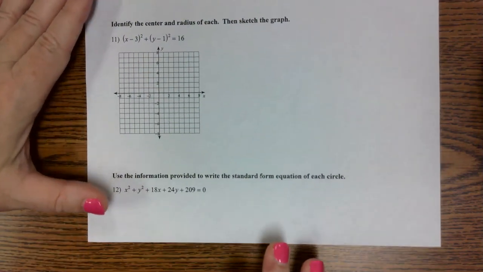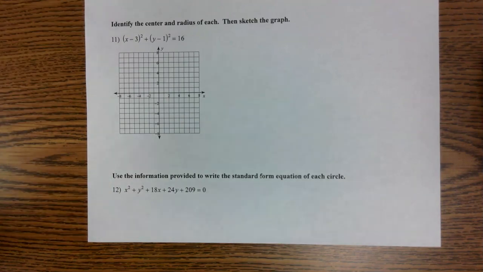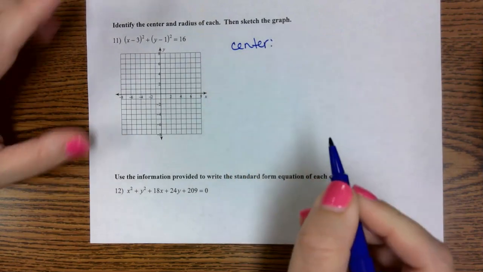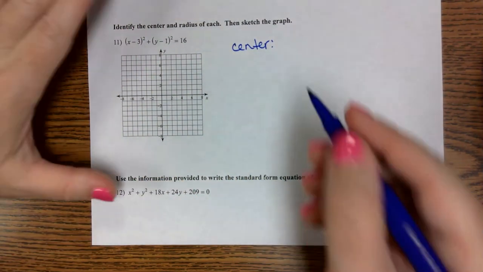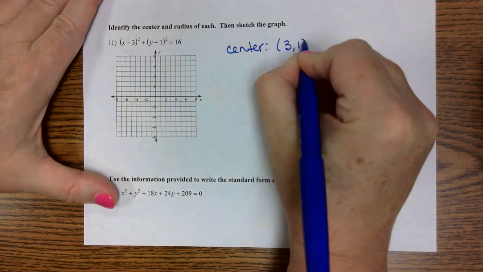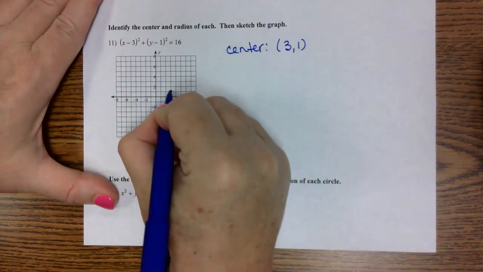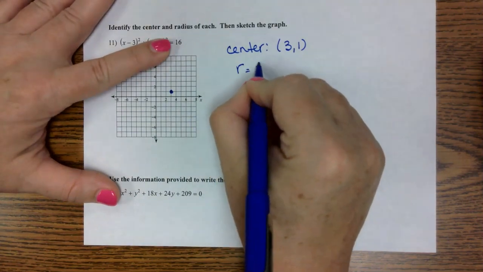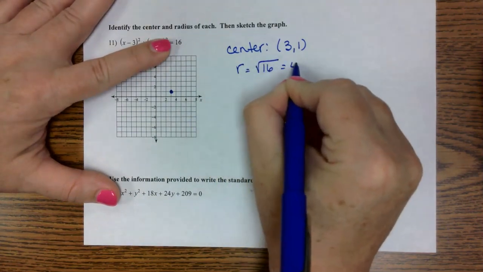Number 11, we're going to do the circle. So my center, just like everything else, we pull it out of the parentheses and change the sign. So we're going to get 3 and 1. Now our radius is not 16, but the square root of 16, which is 4.